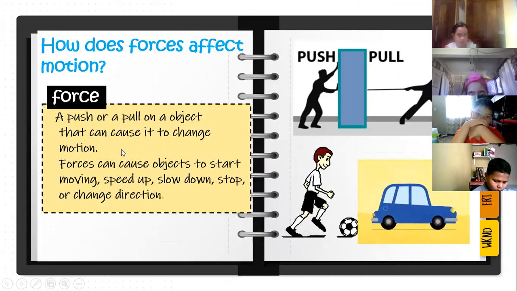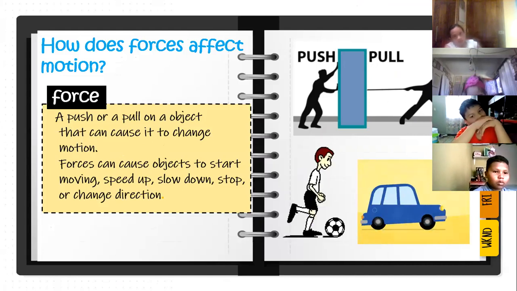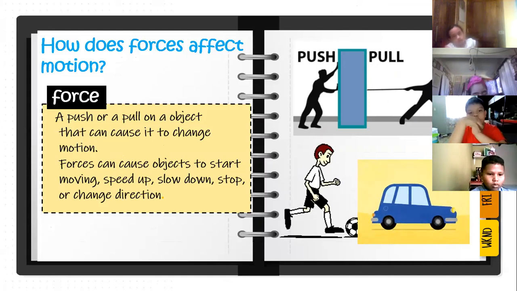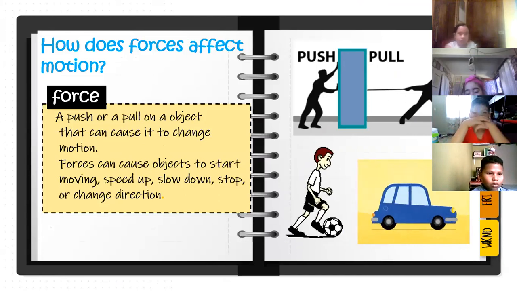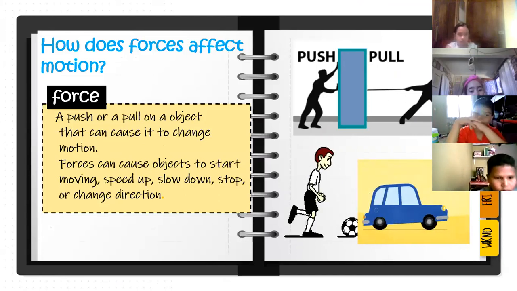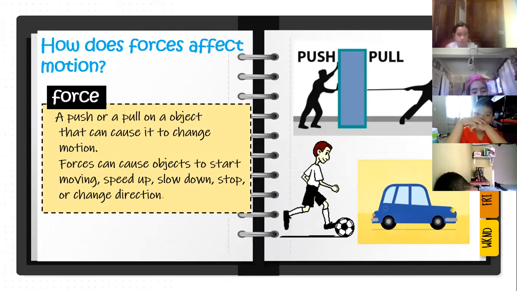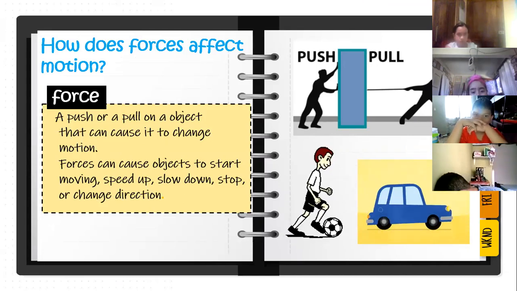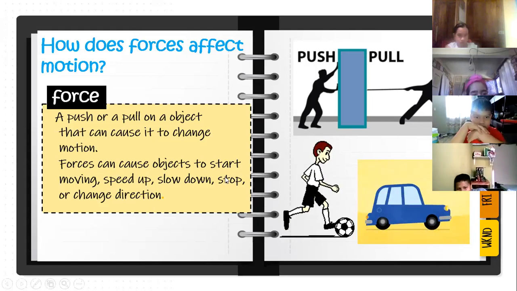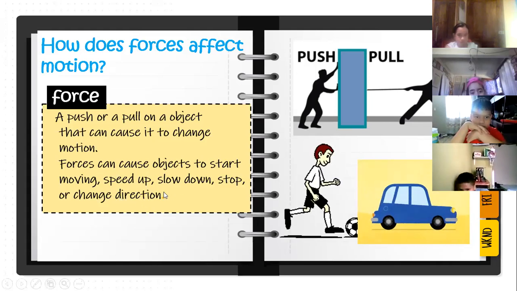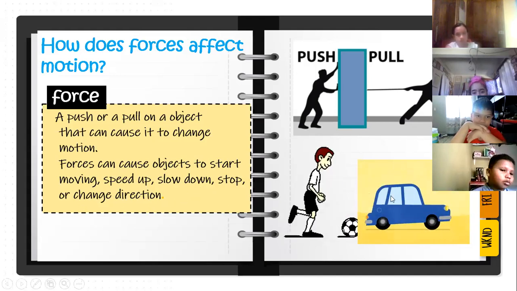An object that is not moving, you can change it just by kicking, pushing, or pulling it. So you change that object into motion. Forces can cause objects to start moving, speed up, slow down, stop, or change direction.